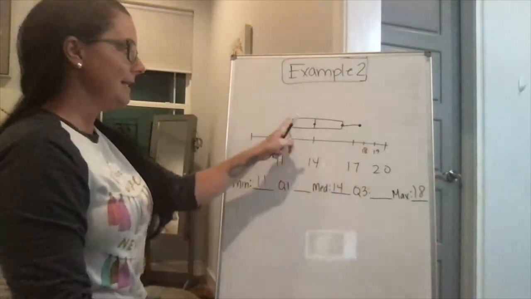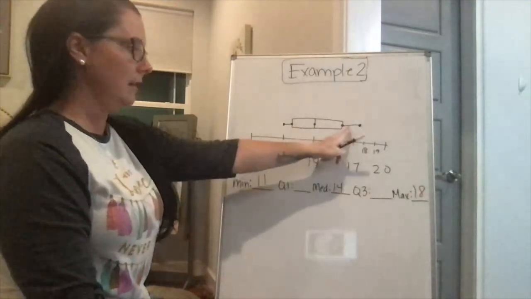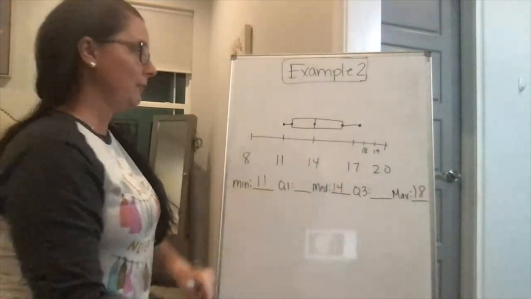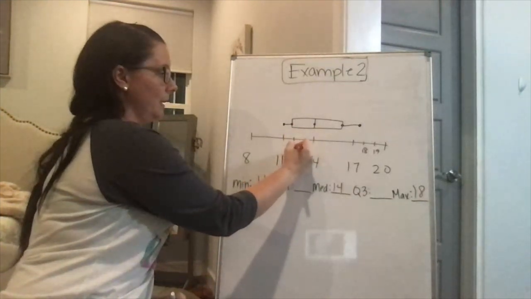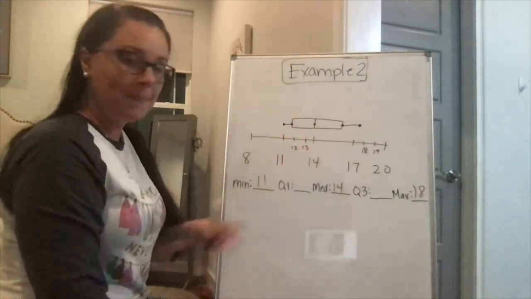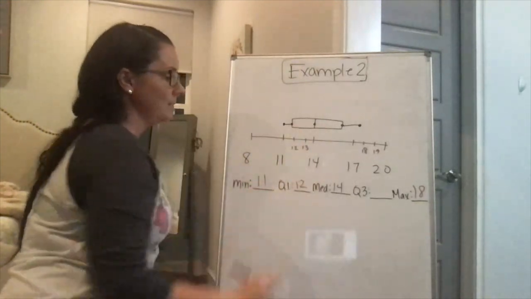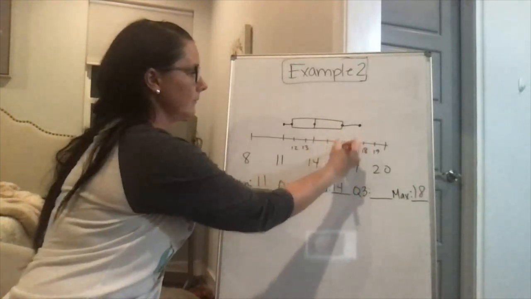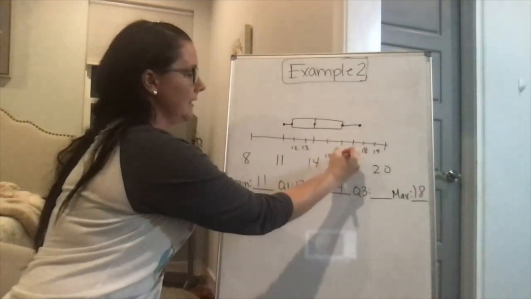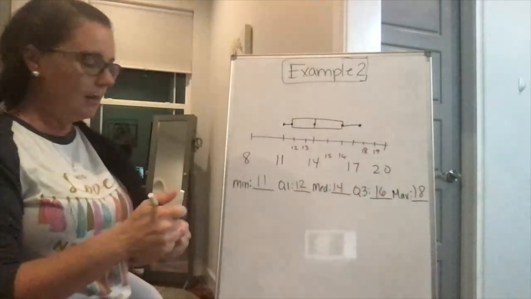My quarter 1 is identified by the left side of the box, and the quarter 3 is identified by the right side of the box. I'm going to come down here, and on my number line, I'm going to tell myself what each of these spaces represents. So quarter 1 is my 12, and for quarter 3 we would have 15 and 16. So quarter 3 is going to fall on the 16 spot.